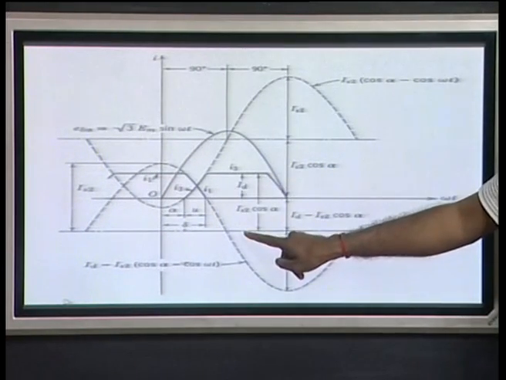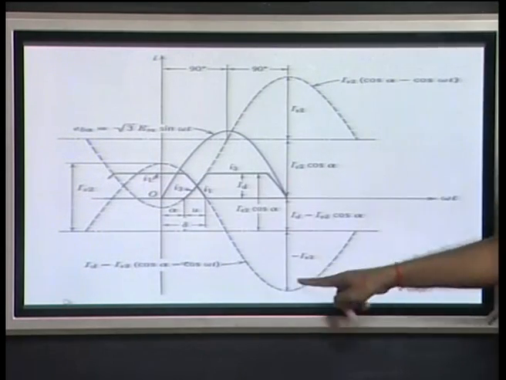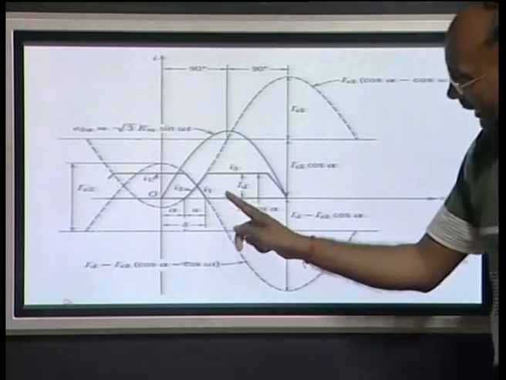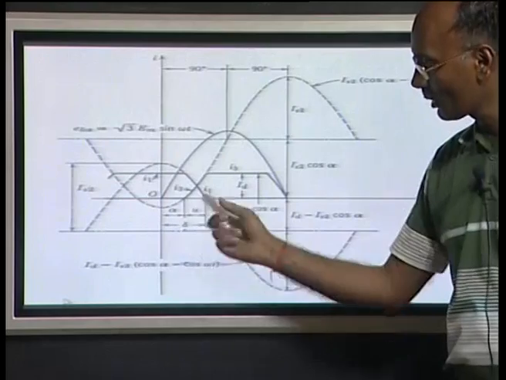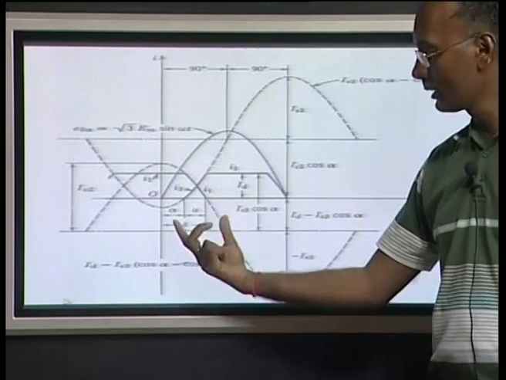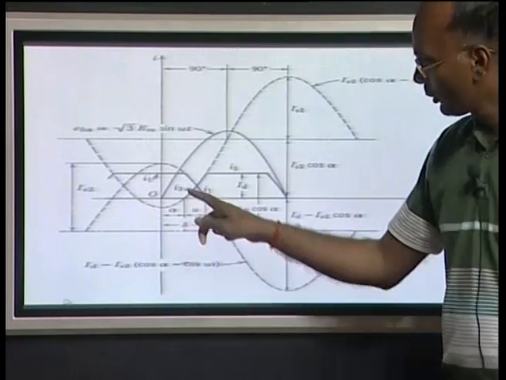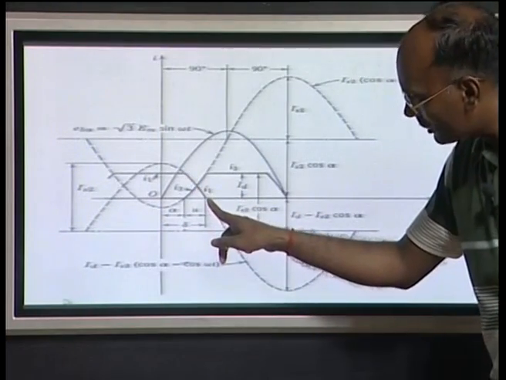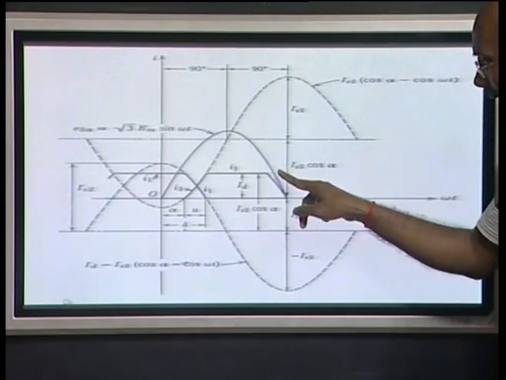So, this has come down below because this is more negative, and this is your I1. Now, at this point when I1 is 0, means the commutation is over, and this is your delta degree, and delta is nothing but alpha plus u. So, you can see this characteristic is here, it is just this shape, and here it is going to this shape, and this is I3 taken.